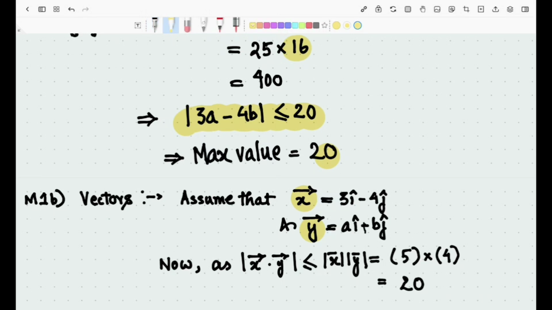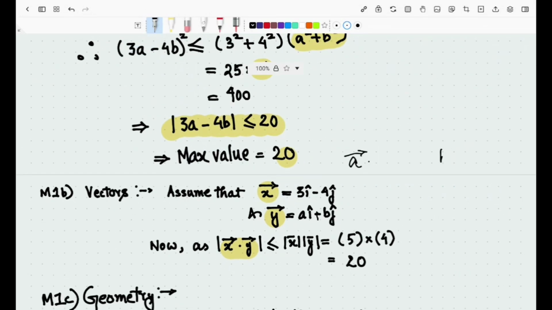Now what I have done is I have taken the dot product of the two vectors, and as you know, a vector dot b vector is equal to modulus of a vector into modulus of b vector into cos of theta, right.